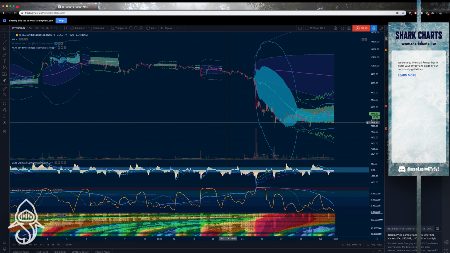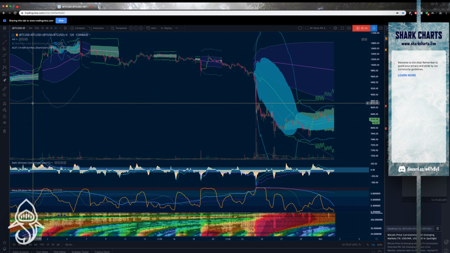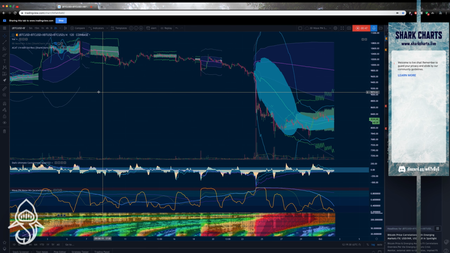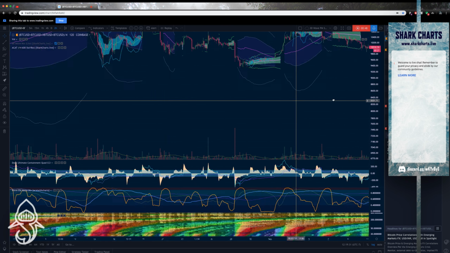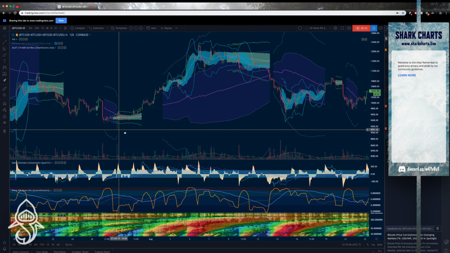Alrighty. So we're just getting a very typical expansion pattern here. I'm just going to go randomly find a previous one, because why not? Beautiful.